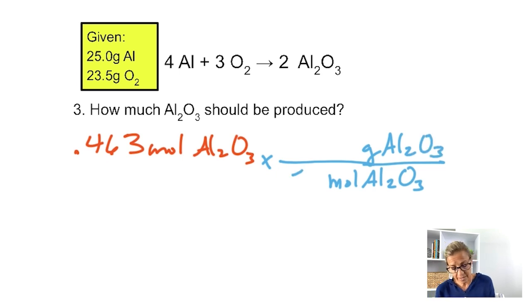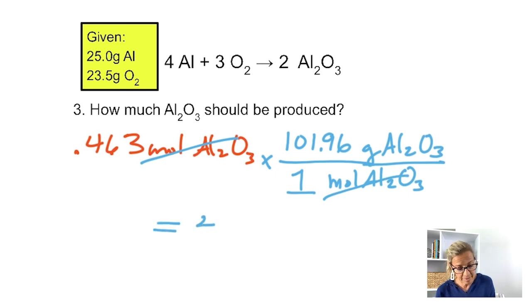The molar mass of aluminum oxide, I'm going to add up 2 aluminums plus 3 oxygens, and I get 101.6 grams per mole. Then when we multiply, moles cancel, and we get 47.2 grams of aluminum oxide.